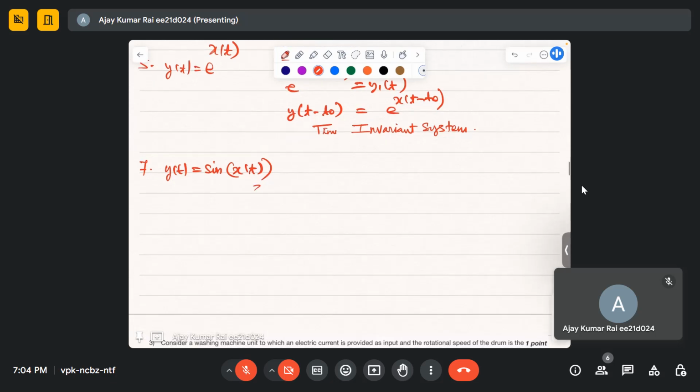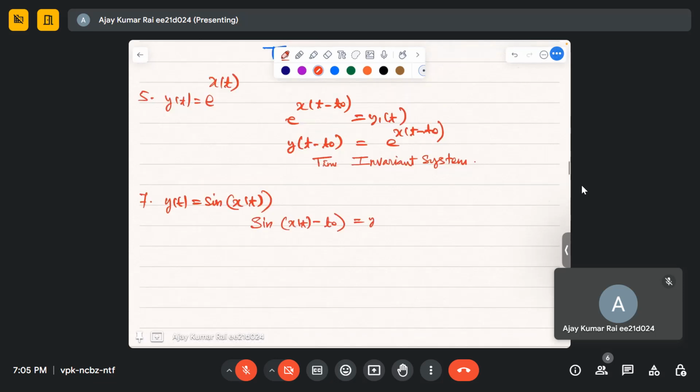Should I put sine x of t minus t naught? See the argument, that is sine. Or can I do sine x of t minus t naught? Which one is correct? The first one or the second one?